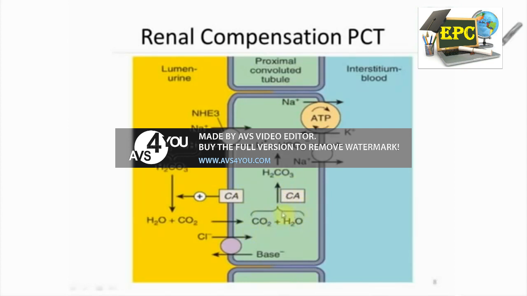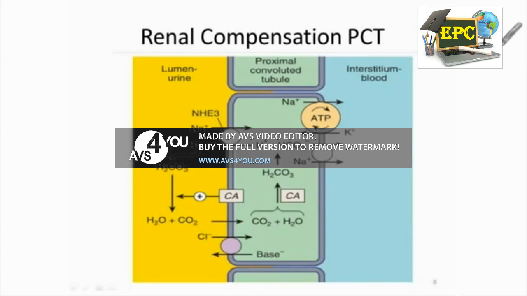First, let's start over here. We're going to have CO2 and water in the cells. Through this enzyme, carbonic anhydrase, we're going to generate hydrogen ions and bicarbonate. Each one will go in a different path. The bicarbonate will go into the blood and the hydrogen ions will go into the urine. Why does the hydrogen ion go into the urine?